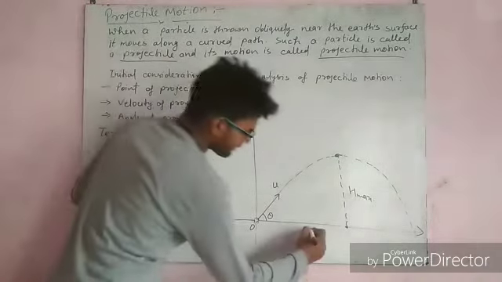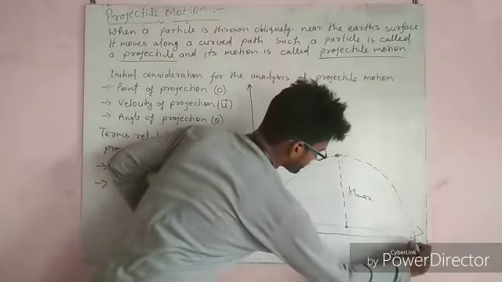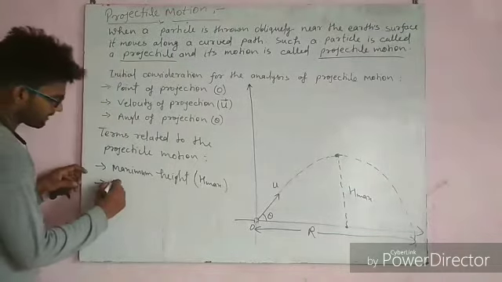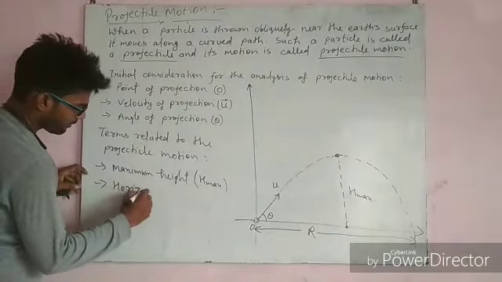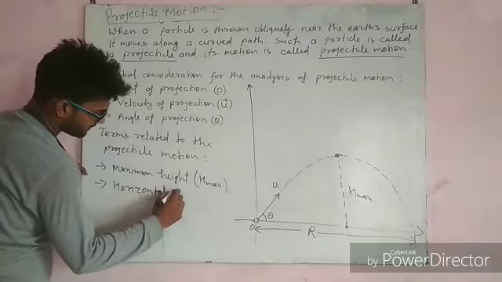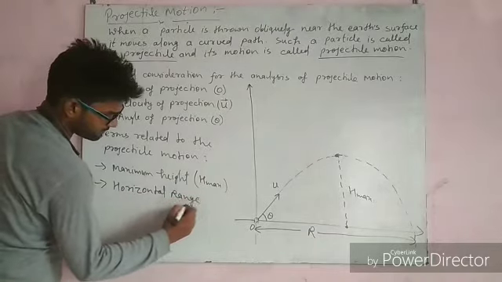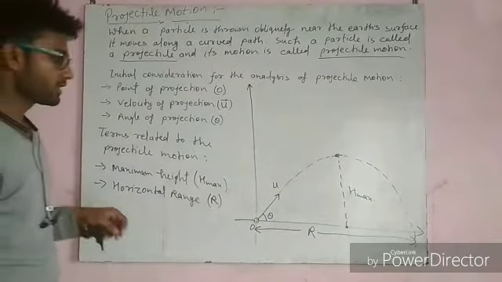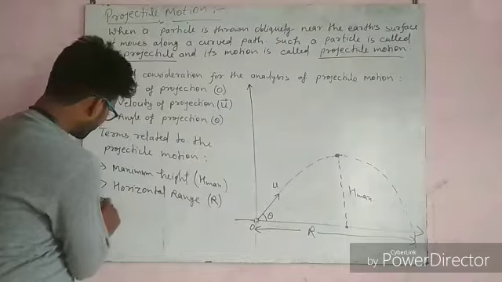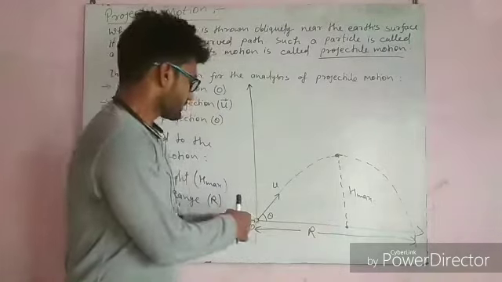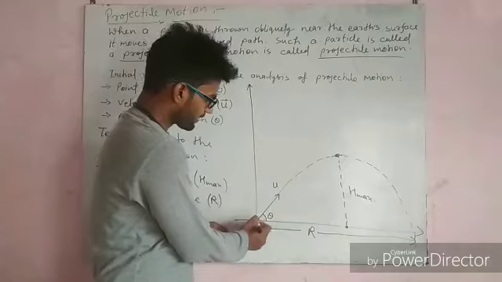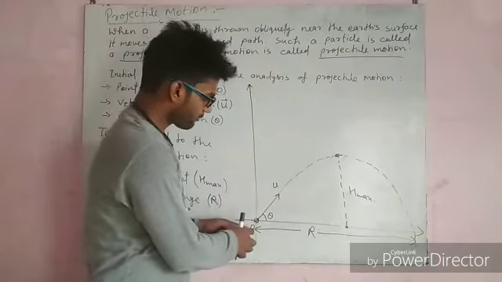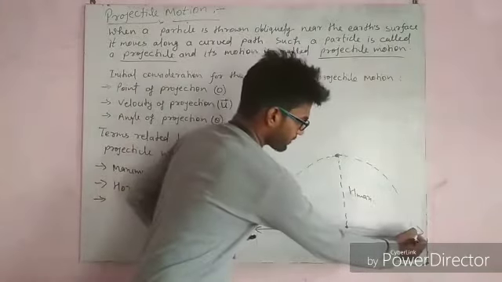Second term will be the horizontal range covered by the particle, represented by capital R. Now the third term is the time taken by the particle from O to this particular point.